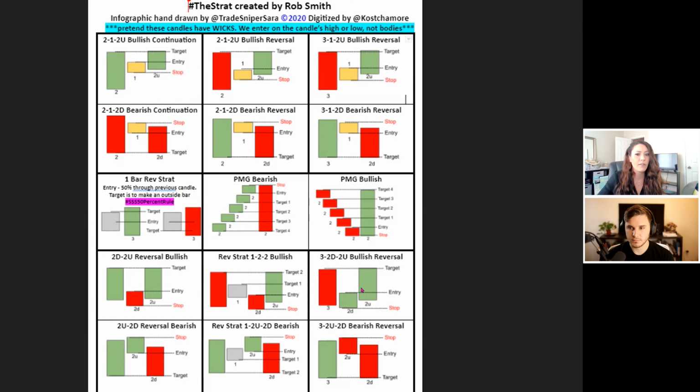So I might look for this exact setup on a weekly. And then if I also have a daily setup that looks just like this, I'm taking it, because I know that if the daily triggers, it could potentially trigger the weekly participants as well. And you want to have as many players at your back, buyers, the big money, holding you up, and you want to catch that move.